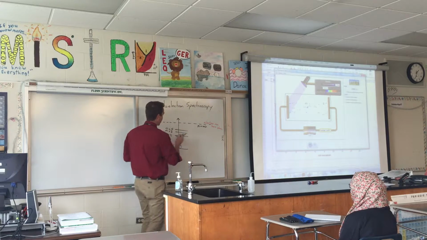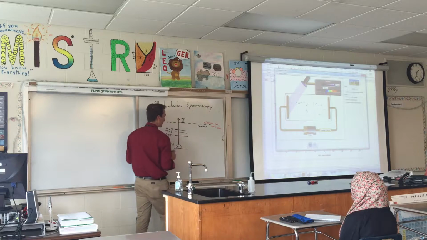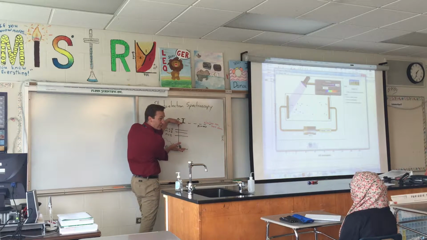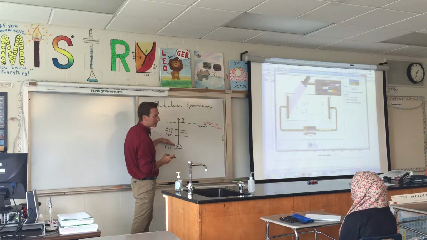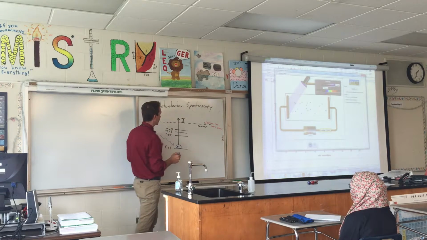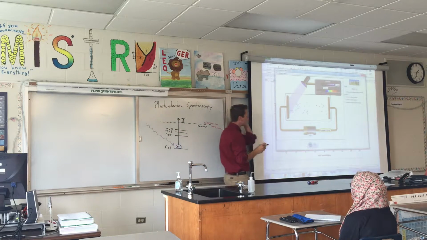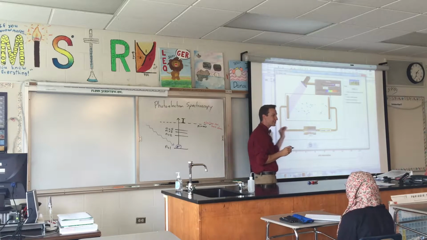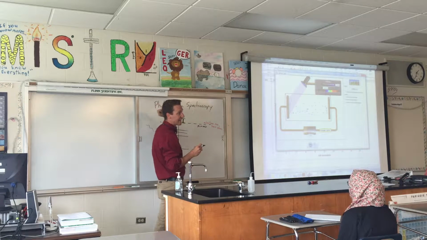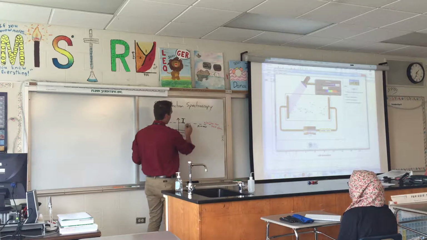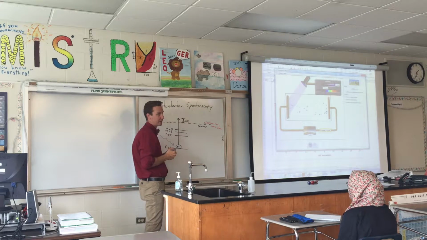The difference between how much it would take to just barely remove the electron and how much energy we've put in from the light, the extra energy, is going to be in the form of kinetic energy. The reason these electrons are flying across is that we've given them extra energy, and that extra energy becomes their kinetic energy. So I'm just going to put KE for kinetic energy.